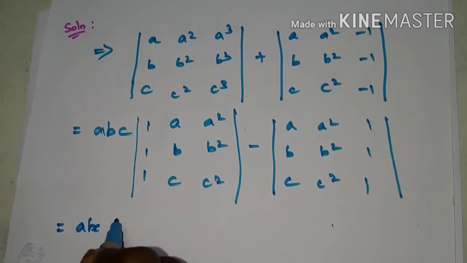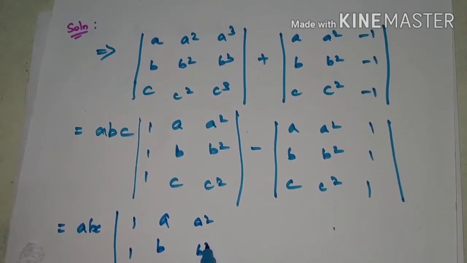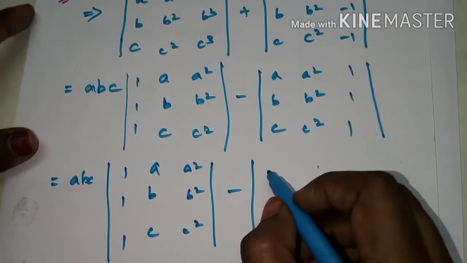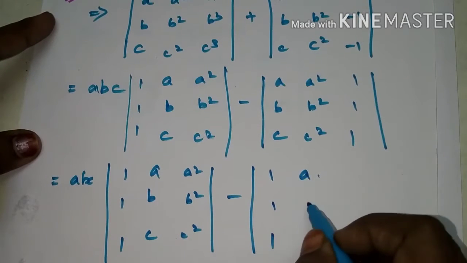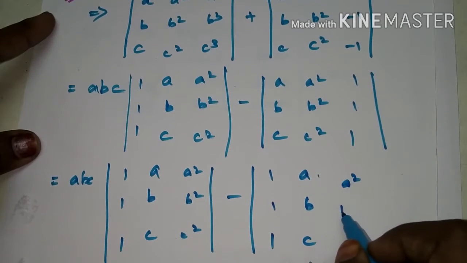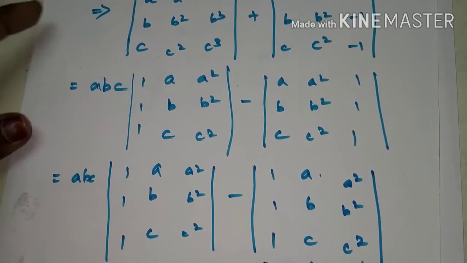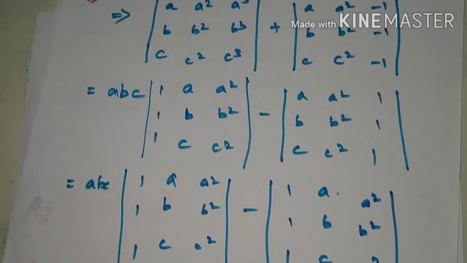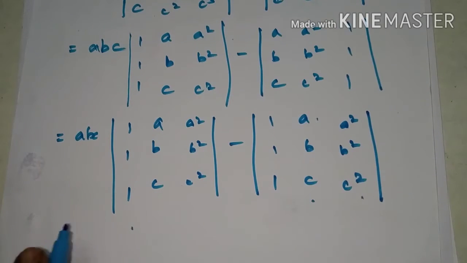Now this determinant would look like 1, 1, 1, a, b, c and a square, b square, c square by the interchanging of lines property. Okay. Now both determinants are the same and they have the same elements.